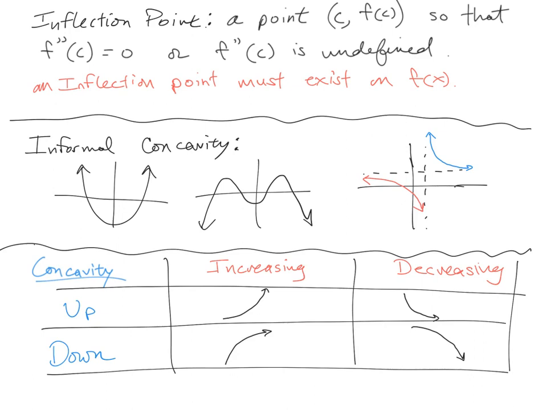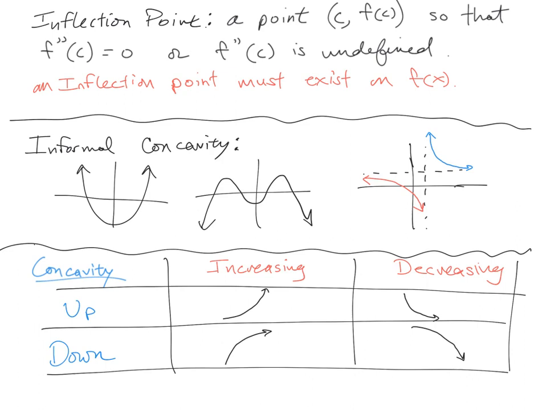So if we work through and we find a value that makes the second derivative 0, but that value is not in the domain of the original function, then we cannot call it an inflection point. If we find a value that makes the second derivative undefined, and it is not in the domain of the original function, then we cannot say there is an inflection point. So that domain idea is very much in play here.